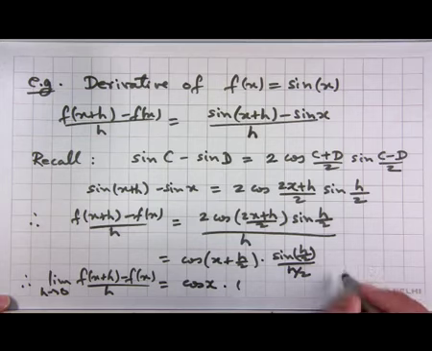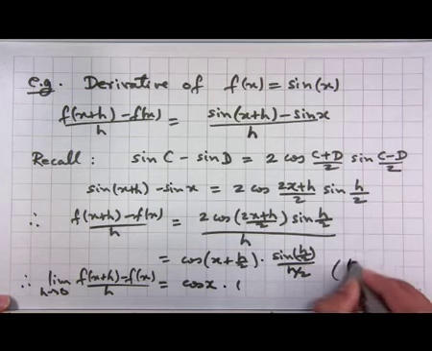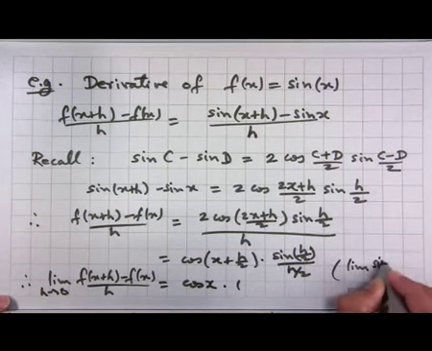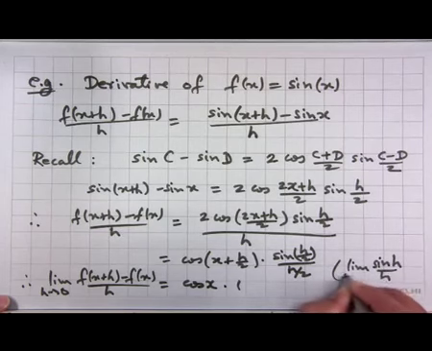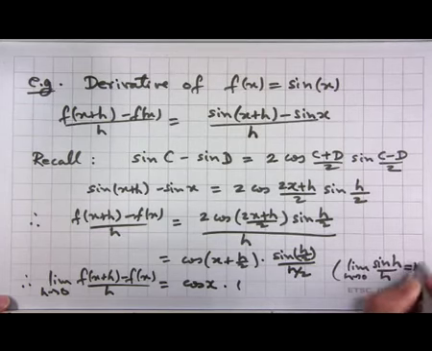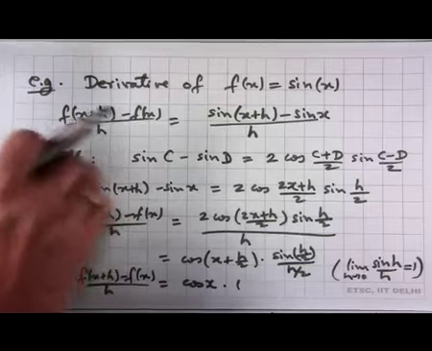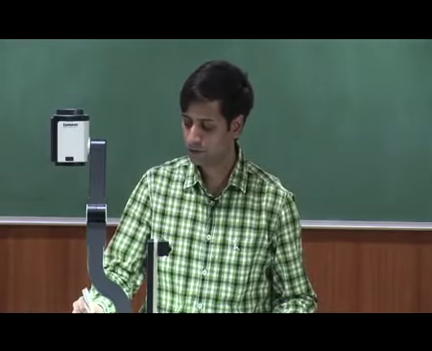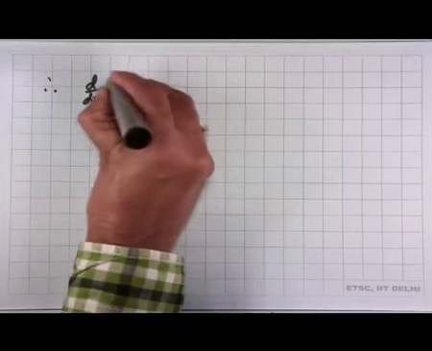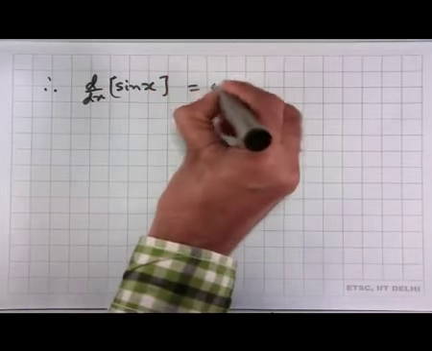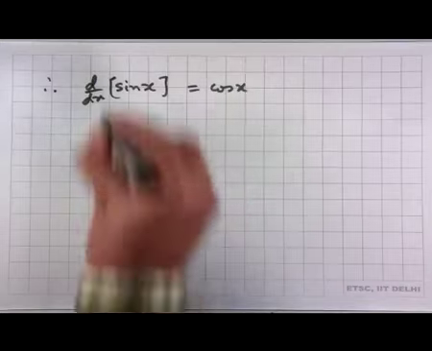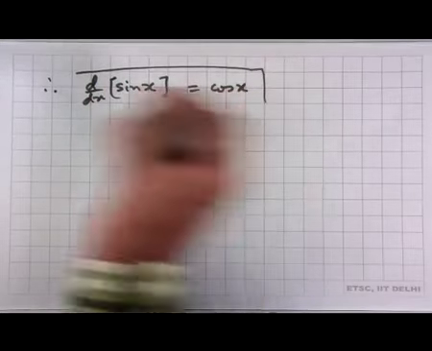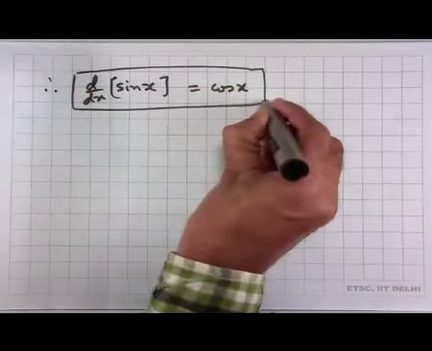This is because the limit of sin h by h as h goes to 0 is equal to 1. So, therefore, we got that d by dx of sin x is equal to cos x. This will be a useful formula for you.